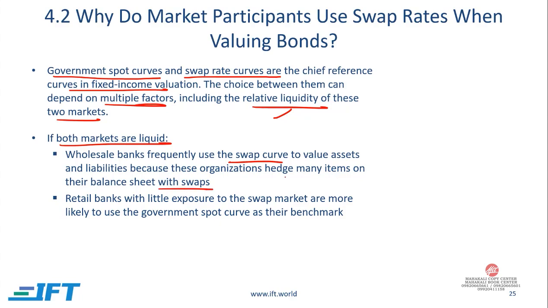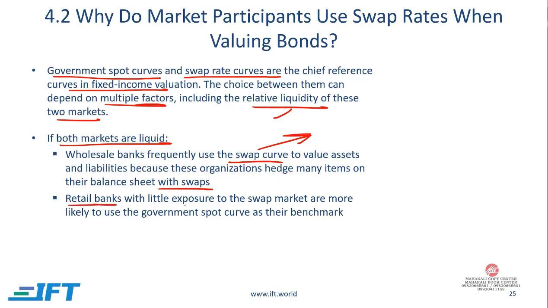So the point here is that if an entity already deals with swaps and uses swaps to hedge risk, for such entities it makes sense to use the swap curve and then the swap rates that come out of this curve to value their assets and liabilities. And primarily, this will be used to value the bonds that they are working with.